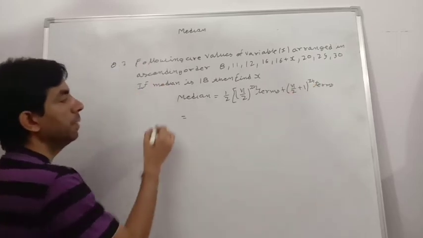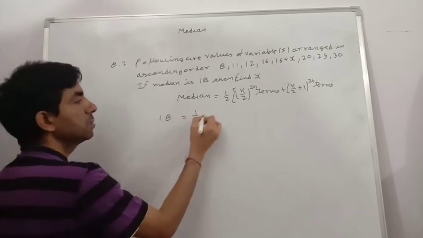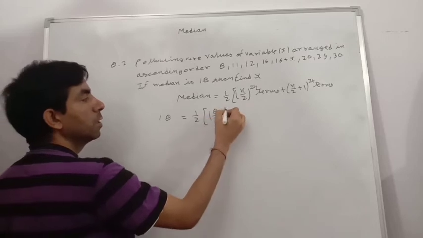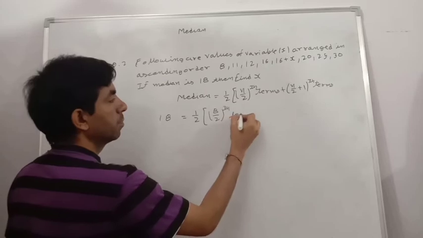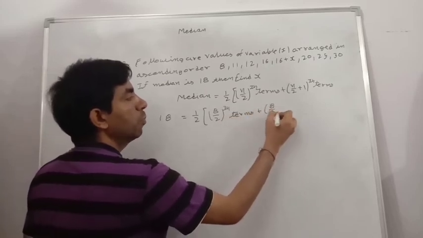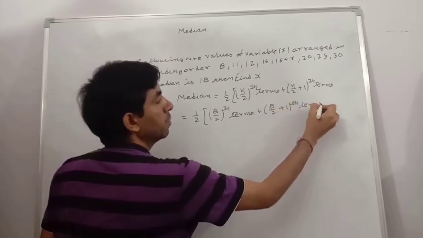Now here the median given is 18. Next, 1 upon 2 is as it is. The n value is 8, so 8 upon 2 th term plus 8 upon 2 plus 1 th term.